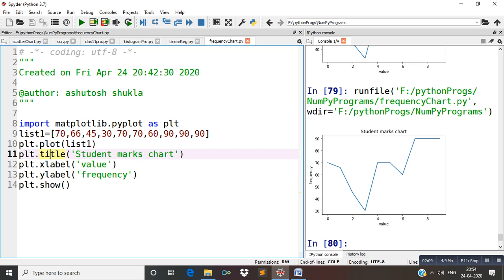Beta, in the output chart you can find there are 3 points for 70. Okay, and 1 point for 66, as you have given here 66. So 1 point is 66. 45 is also 1. So you can find here at 45 one value is there. And 30 is only one value. So for 30 you can find only one value.